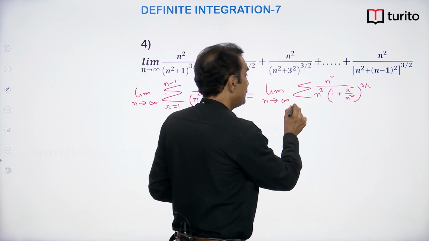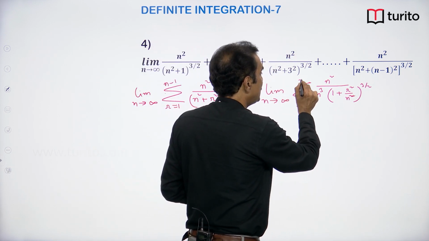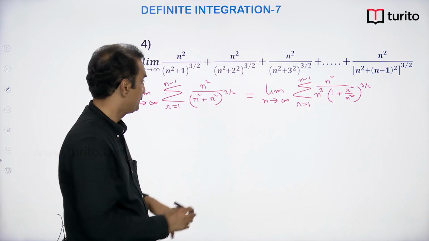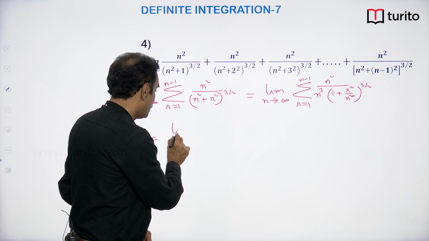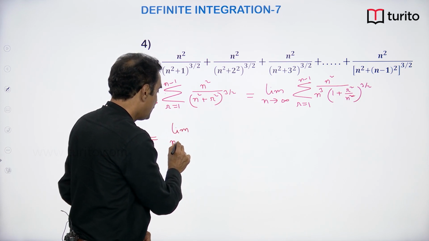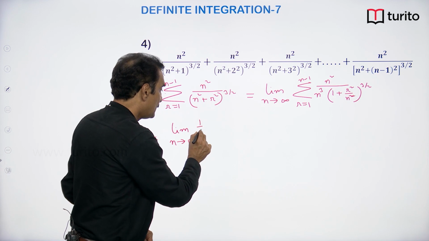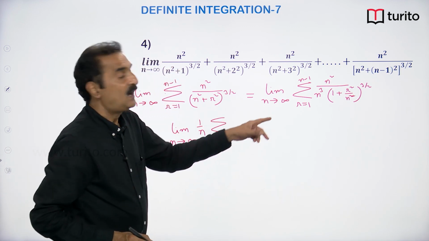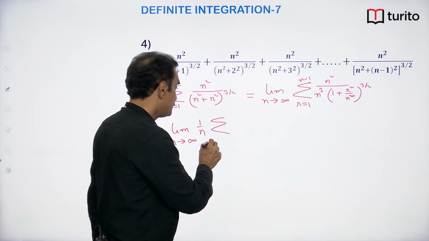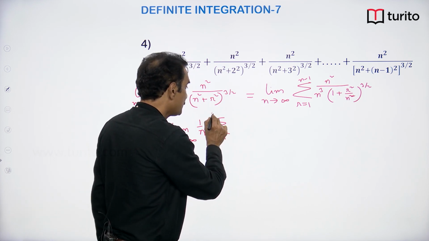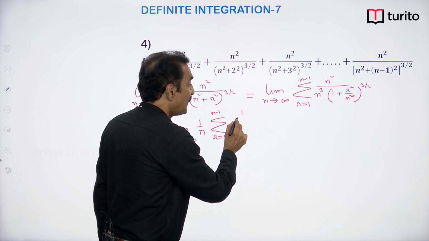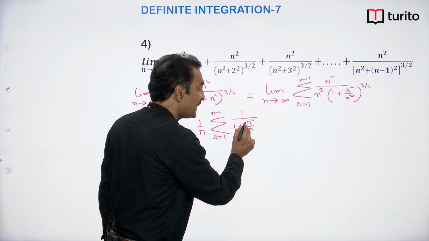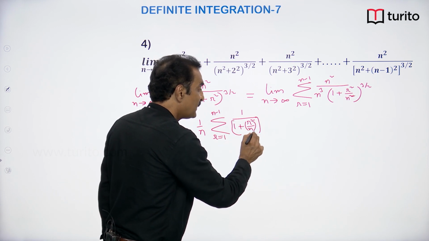R varies from 1 to n minus 1. N square by n cube is 1 by n. Limit n tends to infinity, 1 by n sigma, r varies from 1 to n minus 1, 1 by 1 plus r square by n square, or r by n whole square whole power 3 by 2.